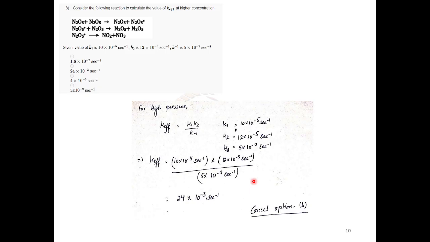So this value k effective is 10 into 10 to the minus 5 second inverse into 12 into 10 to the minus 5 second inverse by 5 into 10 to the minus 7 second inverse. So overall its k effective is coming at 24 into 10 to the minus 3 second inverse, right?